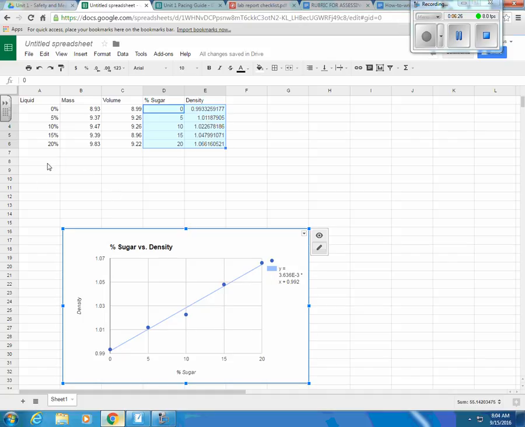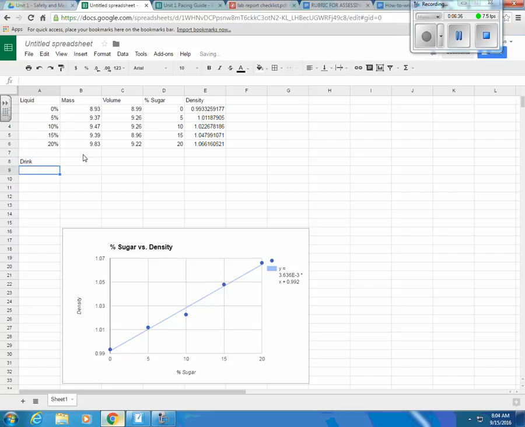Now we've created our chart. That's all we need these densities for. So now we're going to use the three unknowns. We have a drink, mass, volume, density, and then we are going to calculate the experimental percent sugar.